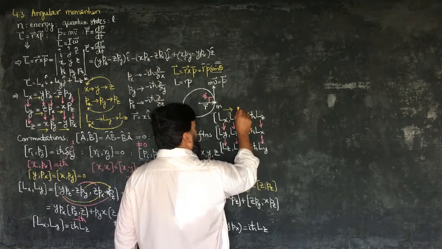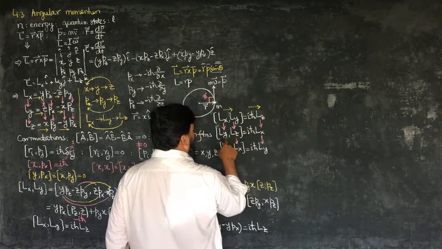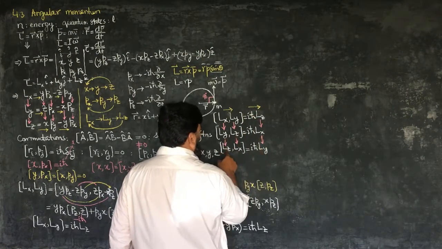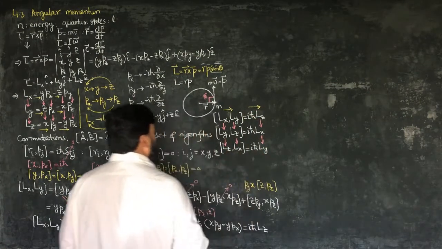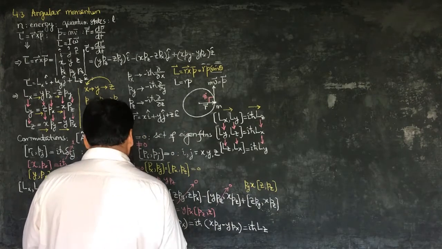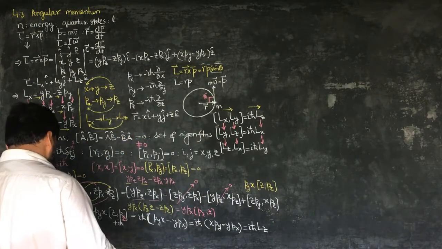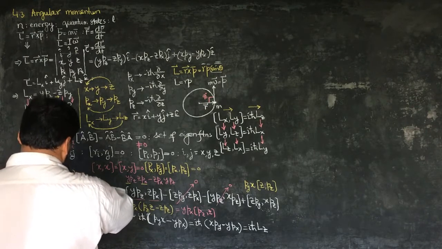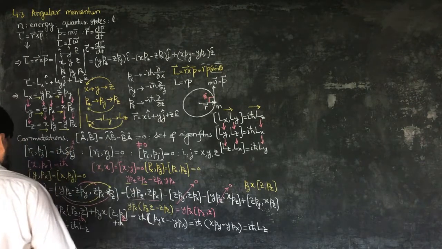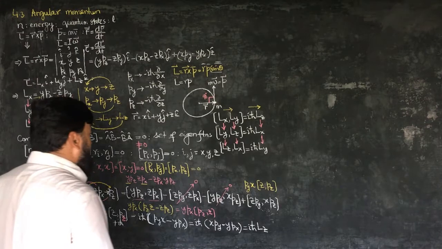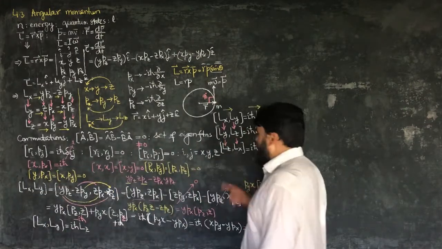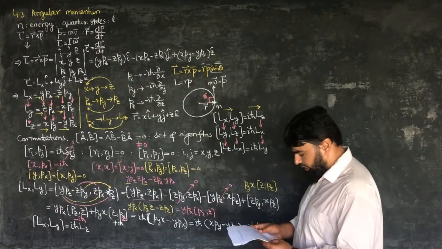If this commutation is, then this will be lz. Y, z, so x, y, z. So these commutations are like this, and we have proved that there is a cyclic order in them.